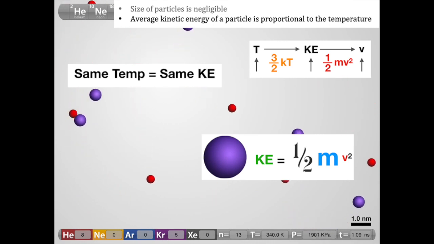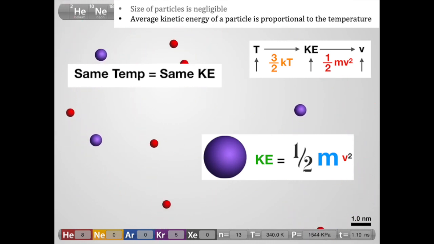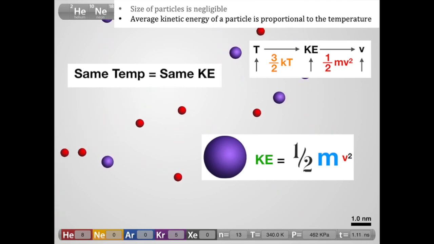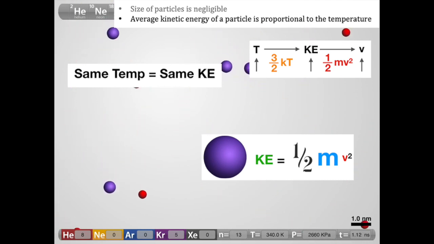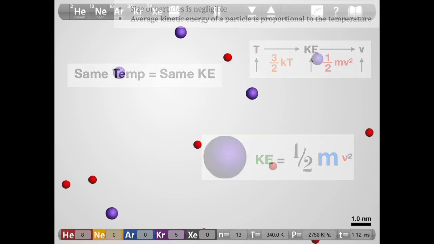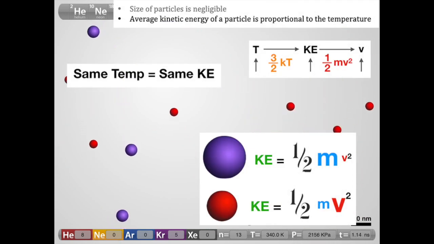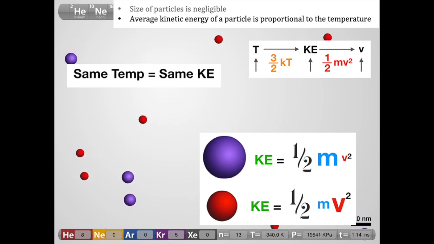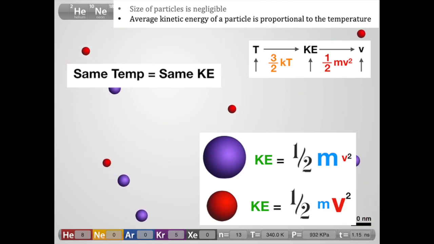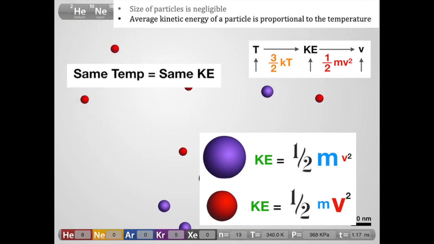So if the mass is greater, the velocity must be lower to keep the kinetic energy the same as the helium particles. The helium particles on average will have the same kinetic energy, but because their mass is lower, the velocity must be higher in order to have the same kinetic energy that the krypton particles have, as you can see here.